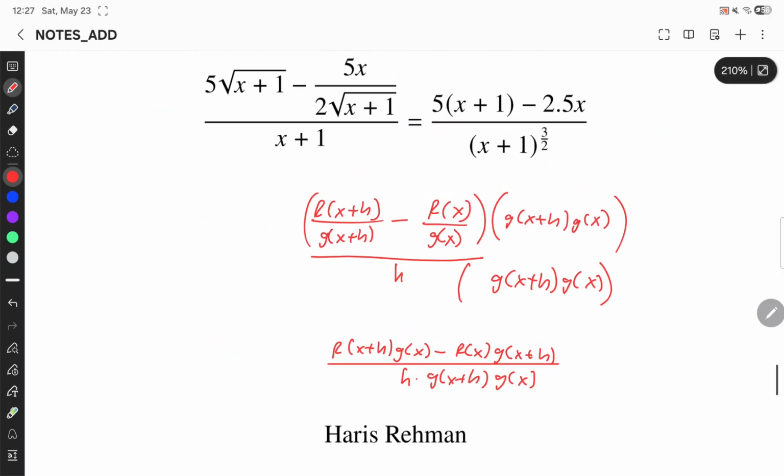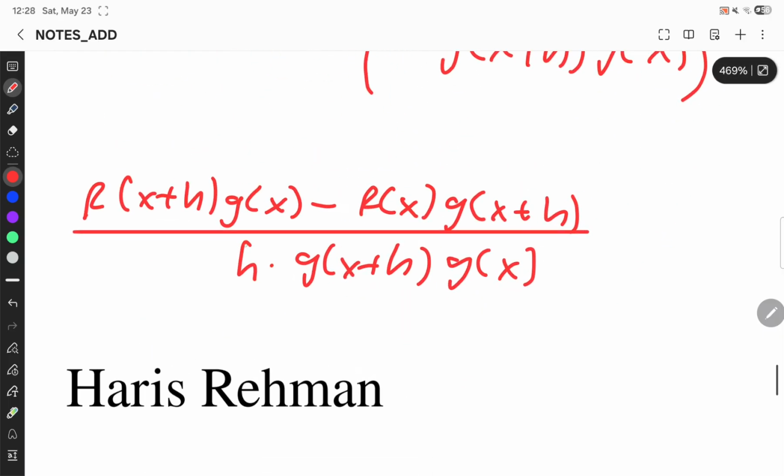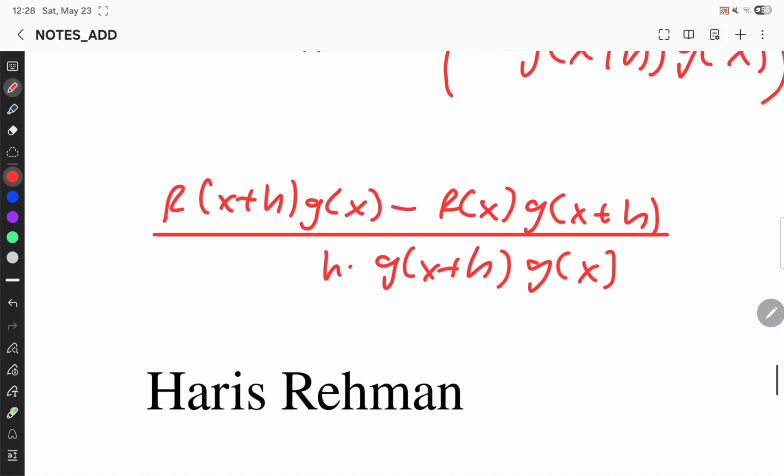Now here we can do some stuff. If we let h go to 0, this won't look very good for us. Do you see some similarity here?